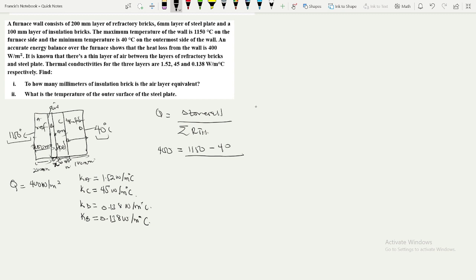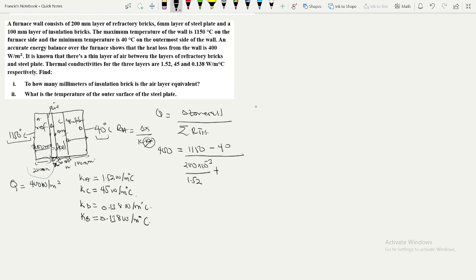So for the refractory brick, we are going to get 200, converted into meters, over the K, which was 1.52. We know that for conduction, the resistance is thickness over K, but then the heat is per area already, so we need to include the area.